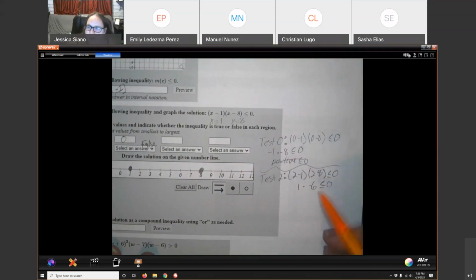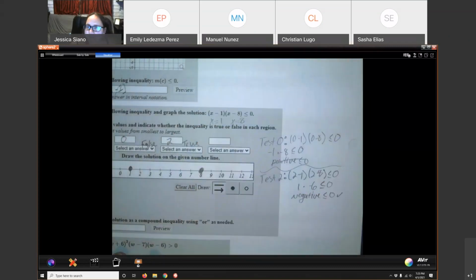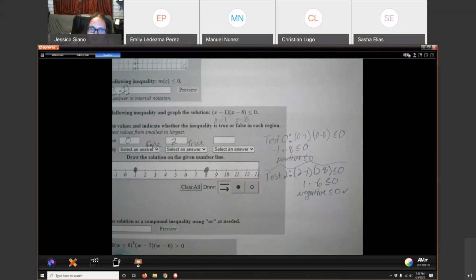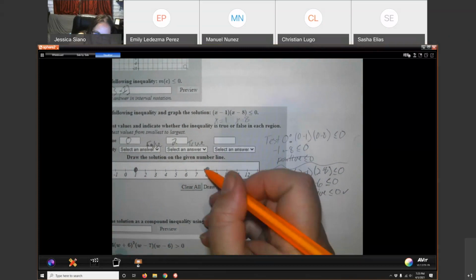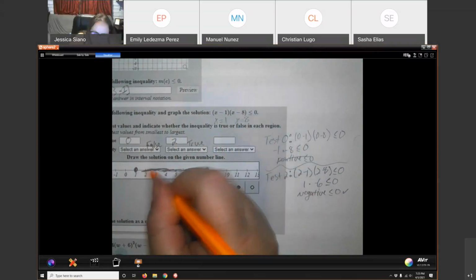And again, this time I have a negative, right? Positive times a negative. So I'd have a negative, which is less than or equal to 0. So that means when I plugged in 2, my inequality was true. And if your inequality is true, then you shade the line in on that section.